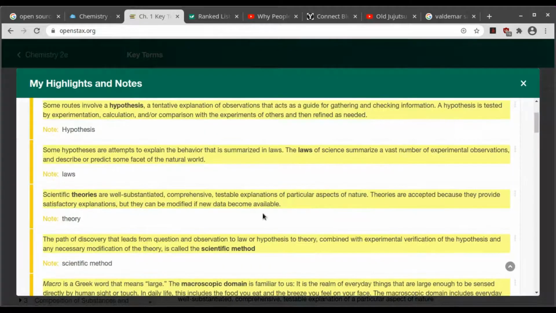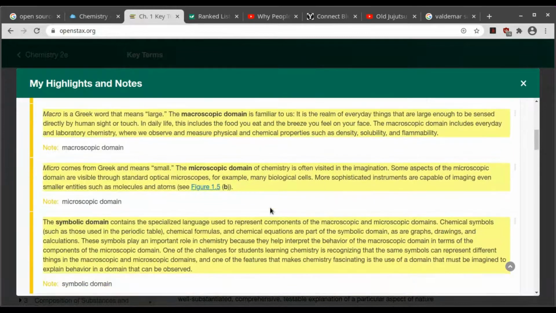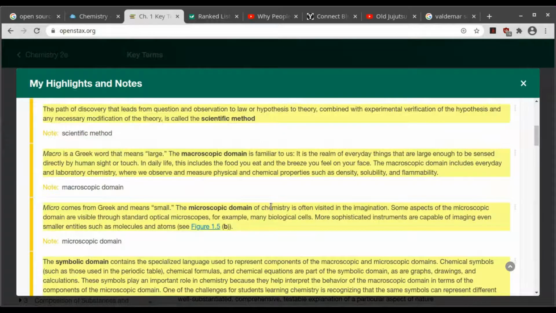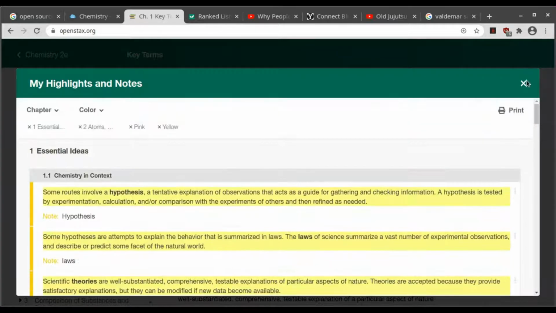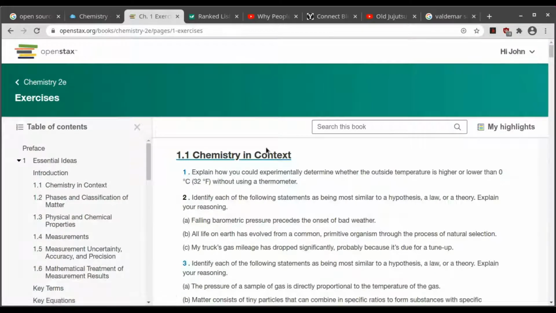So if we look at the exercises, we're just going to look through 1.1. This first one requires a little bit of general knowledge.